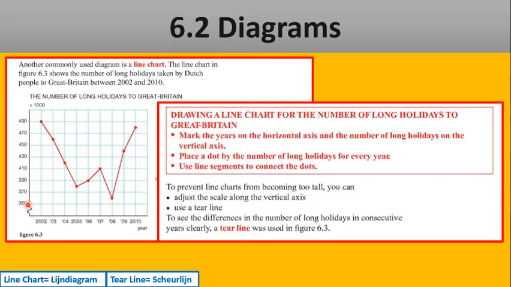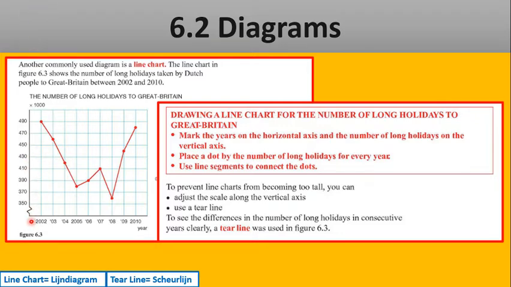Because if in your data there aren't any long holidays that are less than 350,000, it's quite absurd to first draw 0 to 20, 40, 60, 80, etc. Then your chart is going to be off the roof. It will be very long.